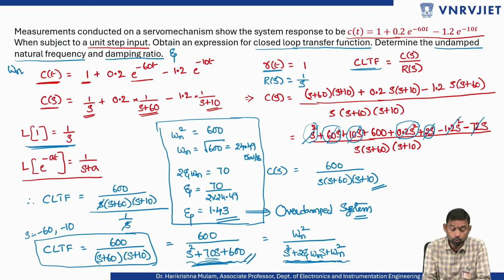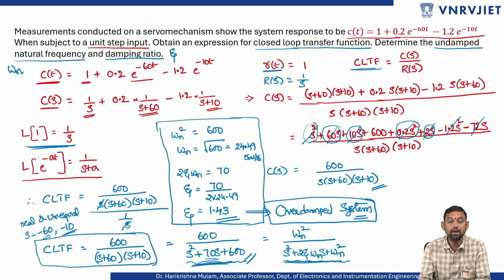And these closed loop poles are real and unequal, they are not the same. If the closed loop poles of a second order system are real and unequal, again you say that such a system is called an over-damped system. So this is about solving this problem related to time response analysis.